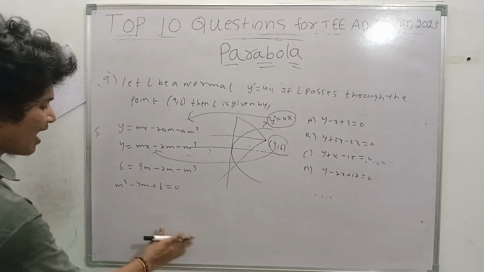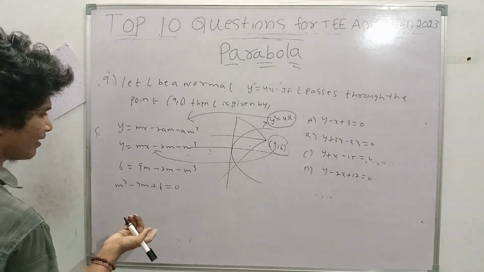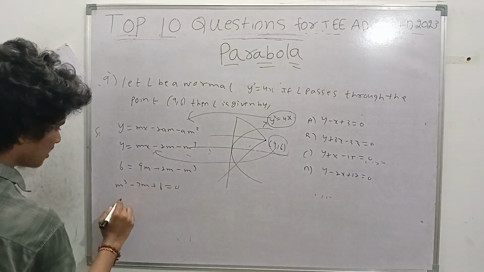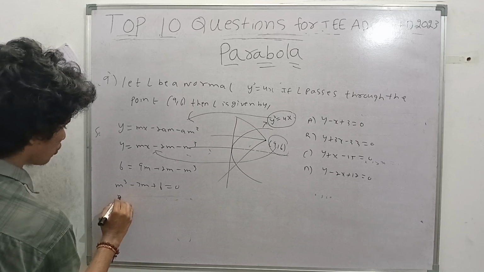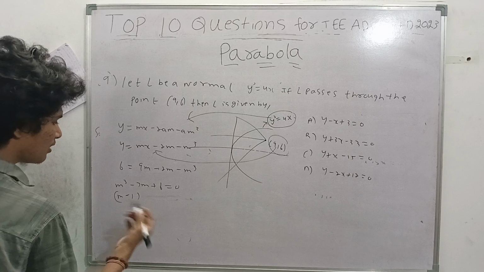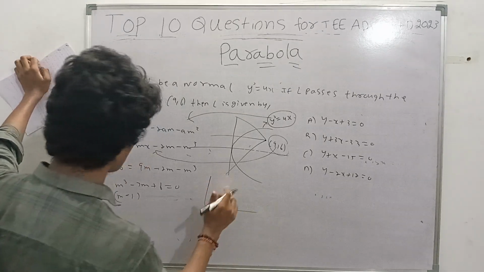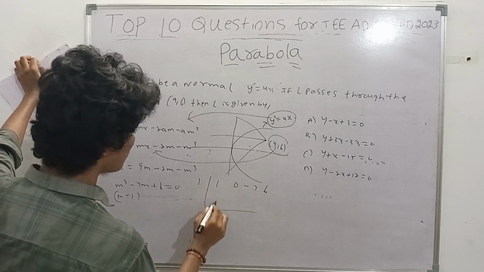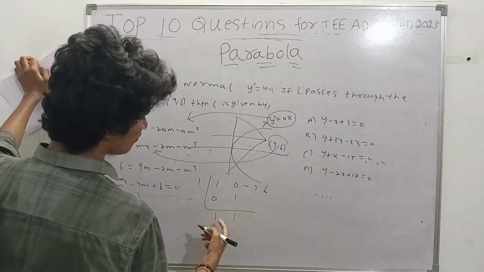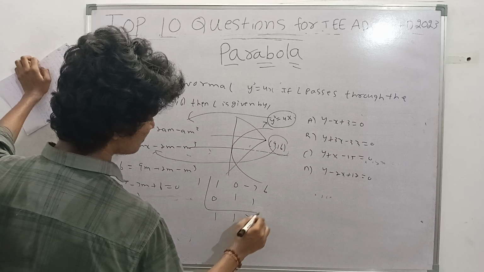This is a cubic equation. I can get the first root by trial and error method. I can substitute m as 1: 1 minus 7 plus 6. Yes, it is 7 minus 7, it is 0. So m minus 1 is a root. And another factor I can get by doing synthetic division. It will be 1, 0, minus 7, 6. Here it will be 1, 1, minus 6, and the remainder is 0.